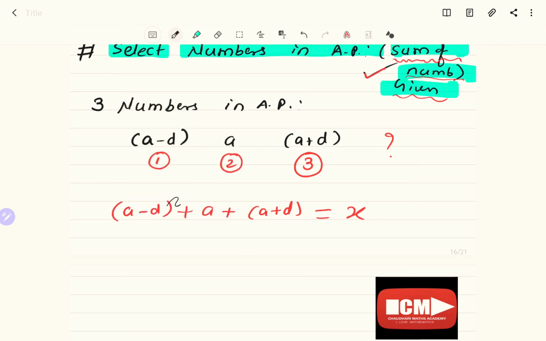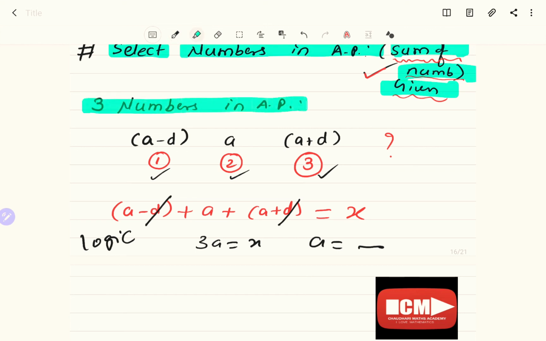If you sum all these three numbers, the unknown D cancels out, and you can easily find the value of A. After that, you can find D. Once we know A and D, we can easily find the three numbers in AP. So this is the simple logic behind selecting three numbers of AP in this particular way.